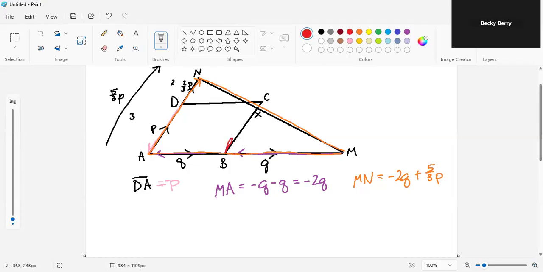If I went up this direction, I could not get from C back over to N. So let's go the other direction.